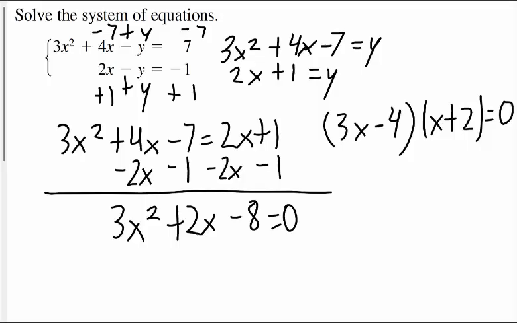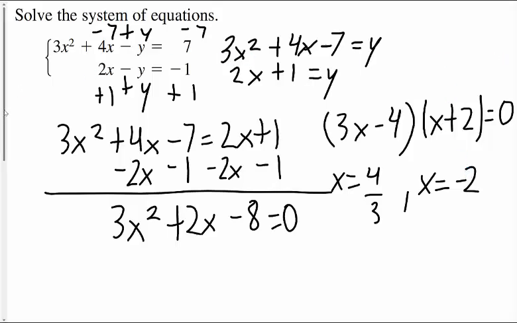Okay, so we solve these, each for 0, as we normally do. We get x equals 4 over 3, and x equals negative 2. So these are values for x we can plug back in. So let's do that.